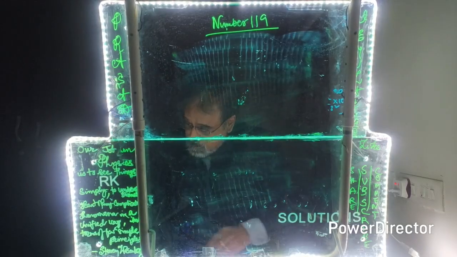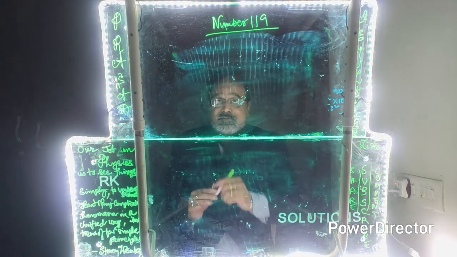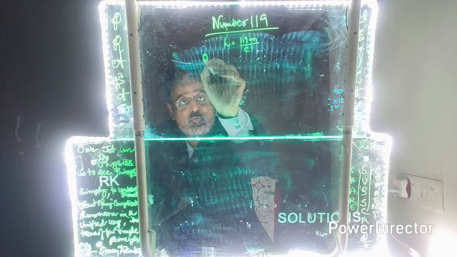Of course, you all know the importance of Planck's constant. Planck's constant gives you h equal to, in my terms, 119 divided by c. Planck's constant itself is called the quantum.